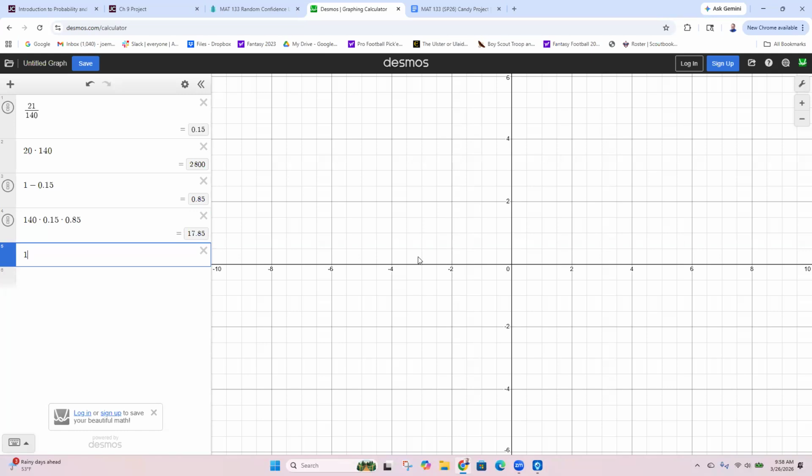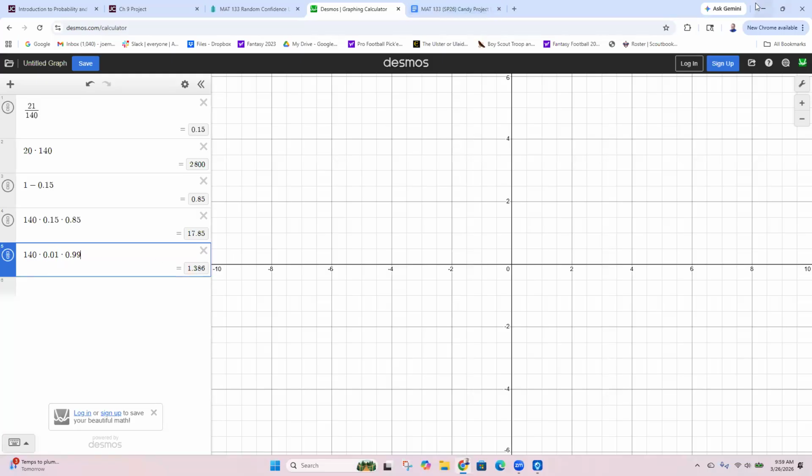So if I'm looking at a p-value of like 1%, and I do a sample size of 140 people, my p-value is 1%, and my q value would be 99%. That's only a value of 1.3. That is way lower than 10, so that is not a big enough sample size.